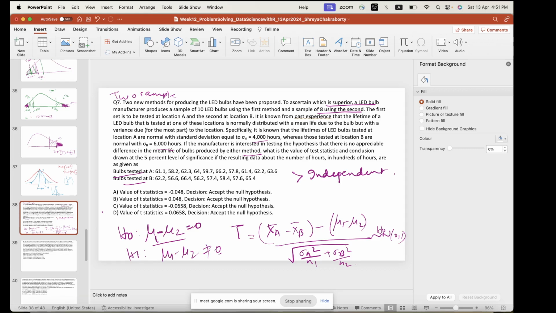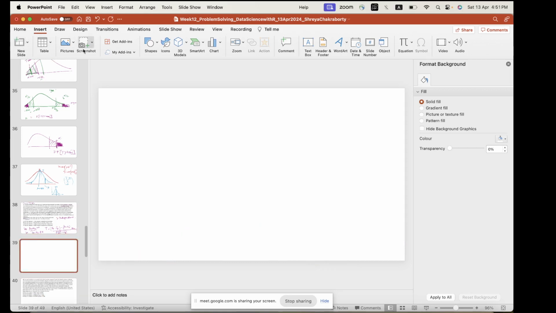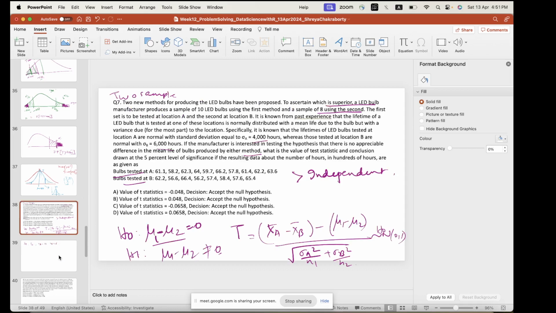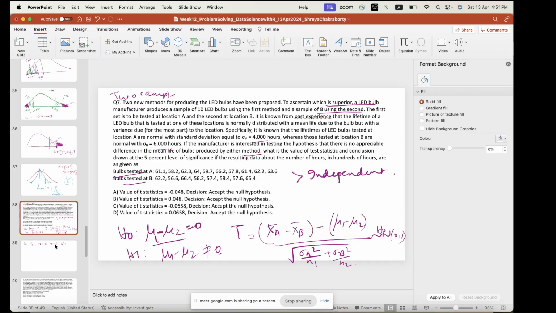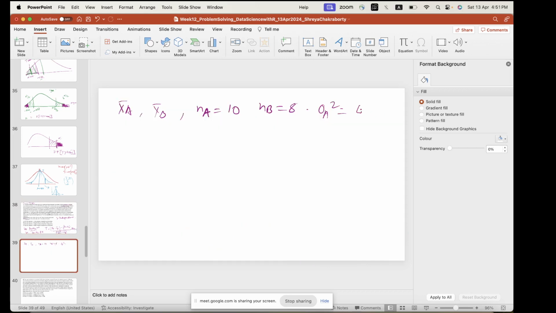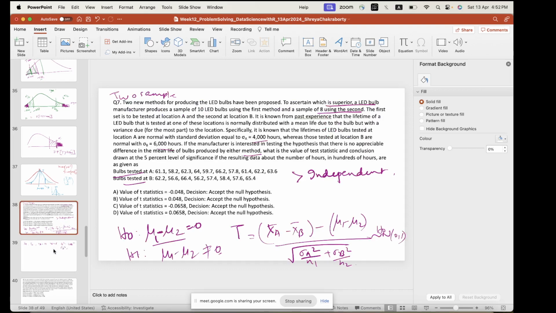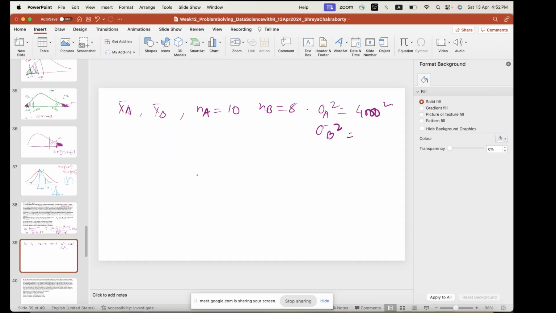So we'll just find out the value of T. XA bar we'll find out, XB bar we'll find out. NA is given 10, NB is given 8, and sigma A is given as 4000, and sigma B should be 6000.